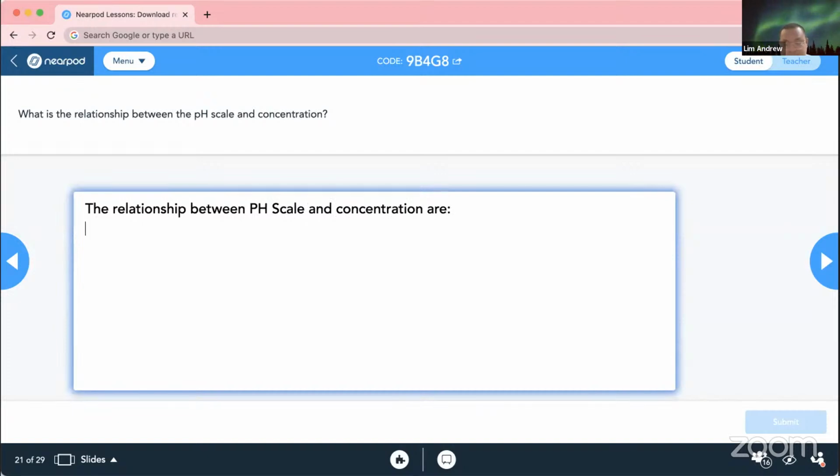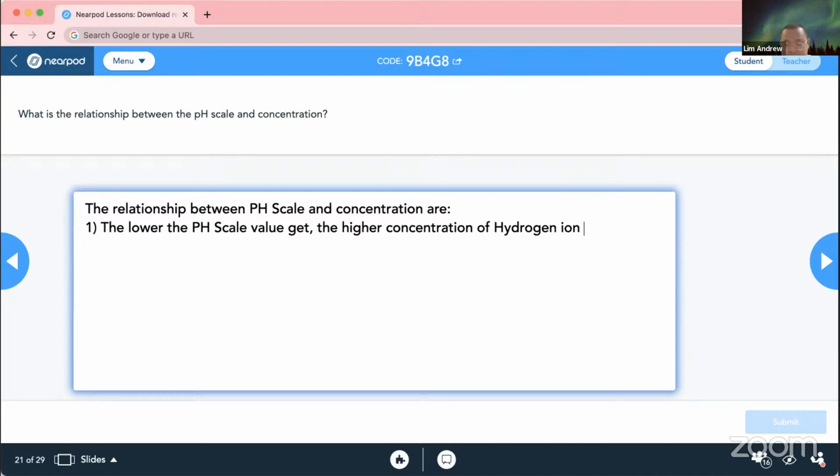Number 1, the lower the pH scale value gets, the higher the concentration of hydrogen ions found in the solution or substance.